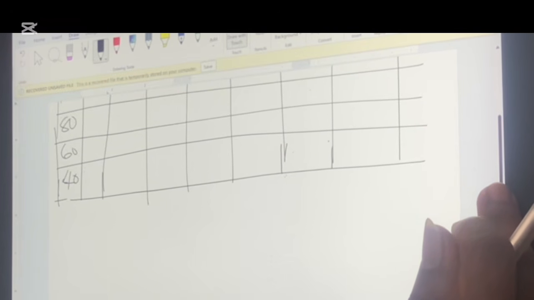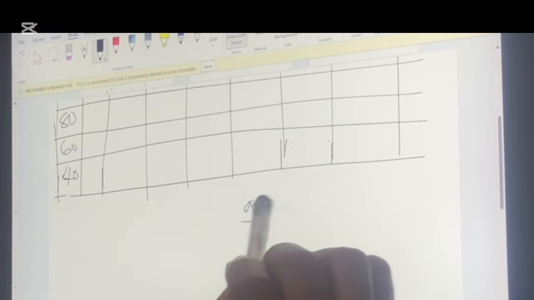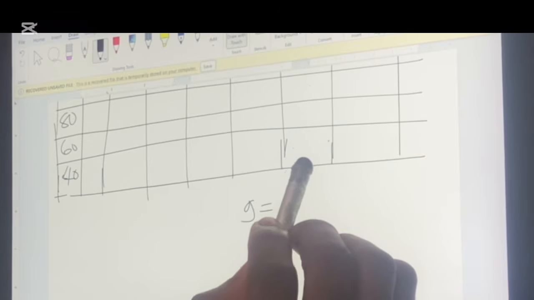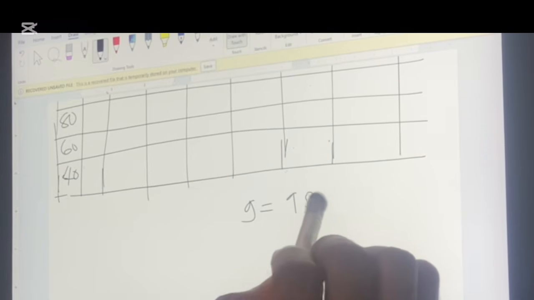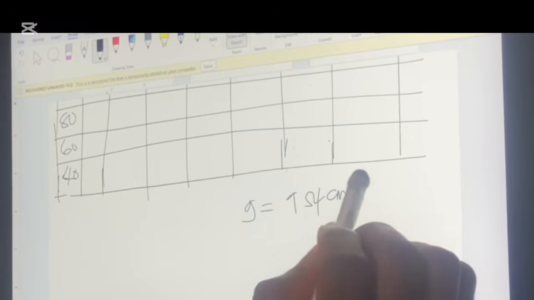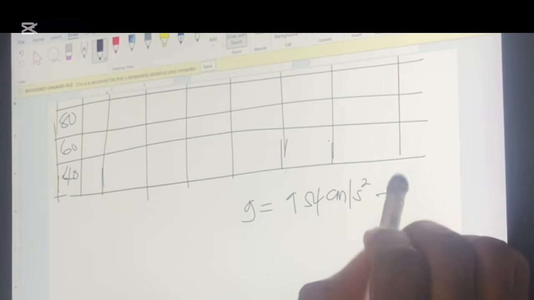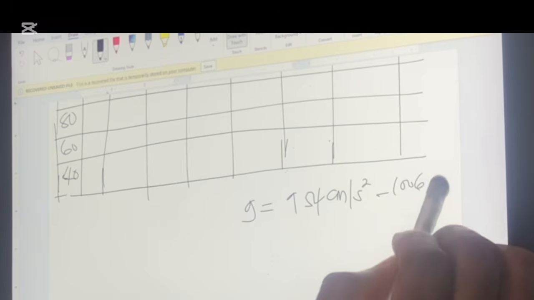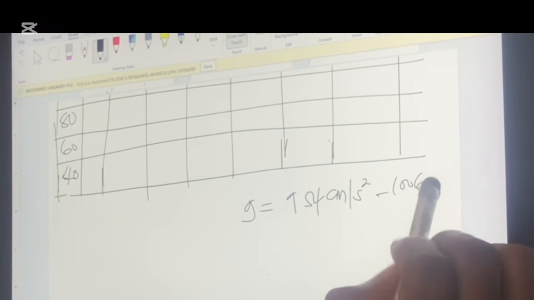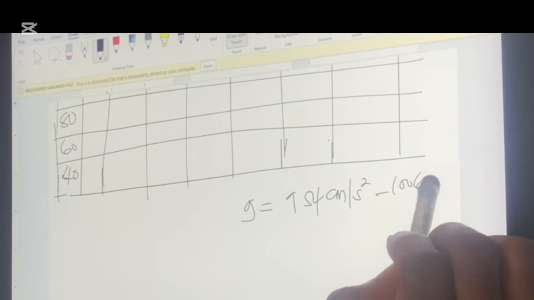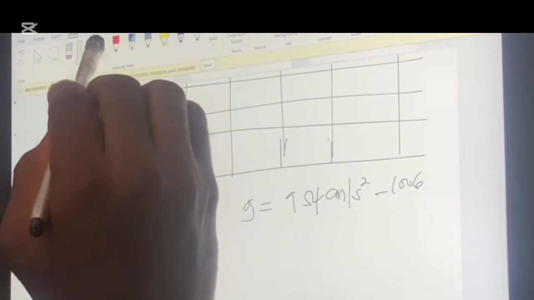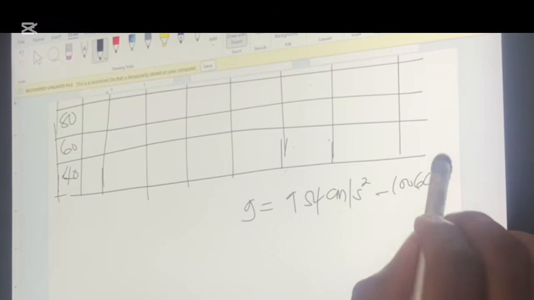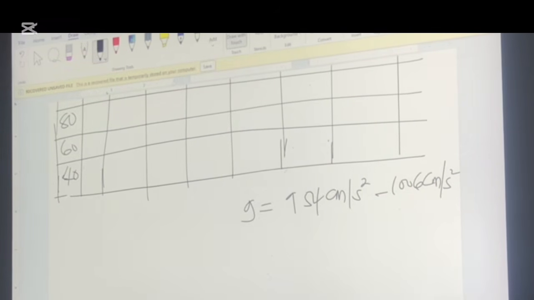Acceleration due to gravity, g, ranges from 954 cm per second square to 1006 cm per second square. Please take note of this.